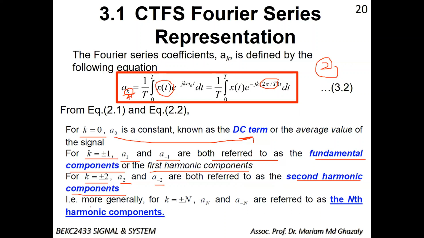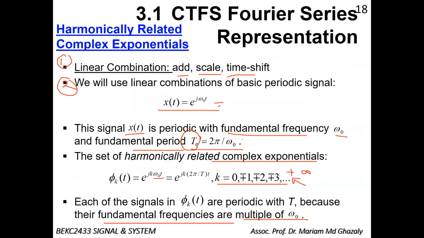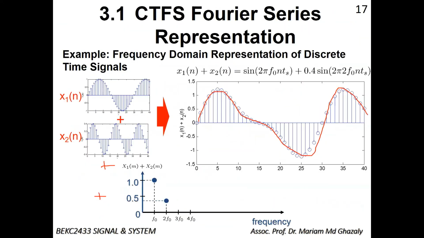In general, if you continue with k equal to 3, k equal to 4, and so on, you can get the Fourier series coefficient a_k, or a_n and a minus n, which are referred to as the nth harmonic component.